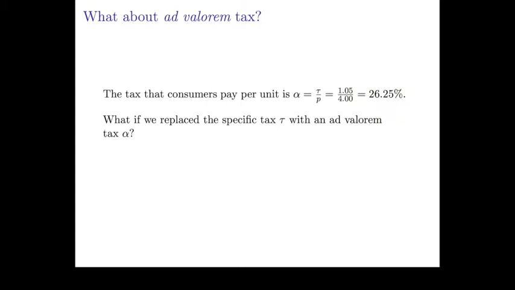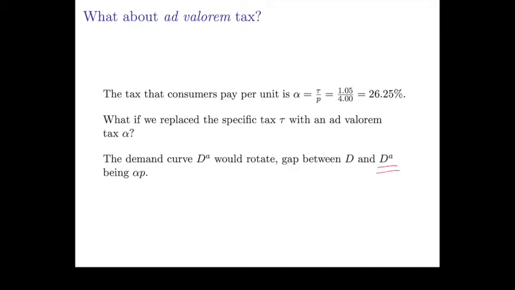So if we replace the specific tax tau with the ad valorem tax alpha, which is 26.25%, what that would do is cause the demand curve to rotate. And the gap between the original demand curve and the demand curve with the tax would be alpha times the price. So I can show you a picture of that.